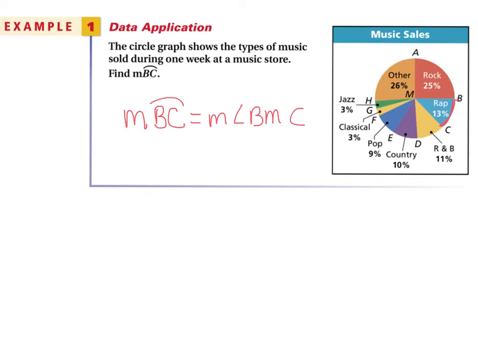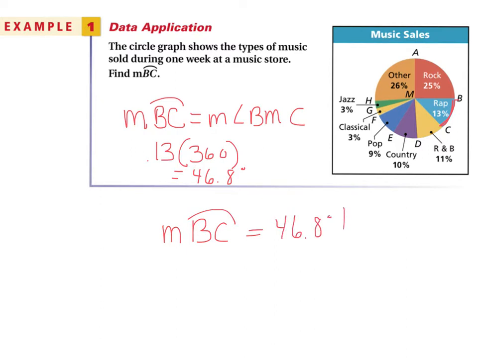Well, 13%, we would take 13% of 360 degrees, which would give us 46.8 degrees. So the measure of arc BC is 46.8 degrees.